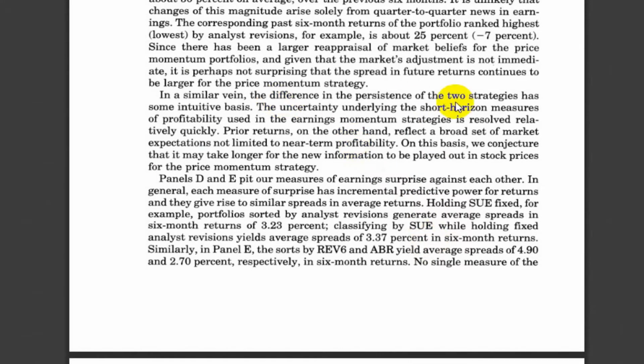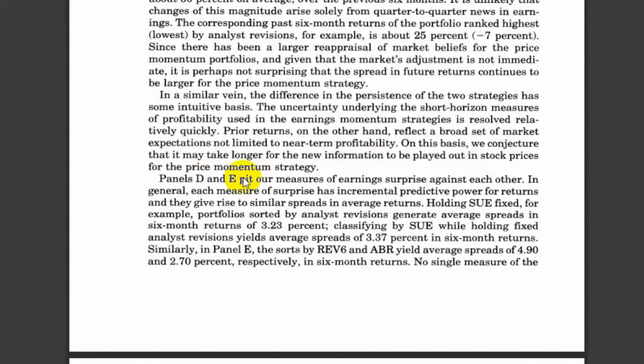And adding to that, the earnings momentum strategy is a very narrow piece of the value of a company. So it would make sense that those items of information would be absorbed into the stock price relatively quickly. However, looking at the past 6 month returns could mean a large number of different reasons that may take longer to get into the stock prices.